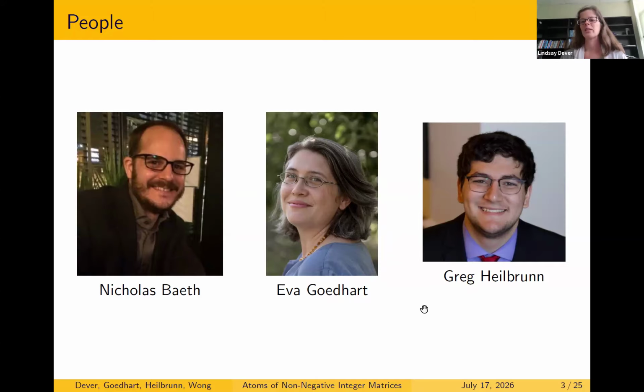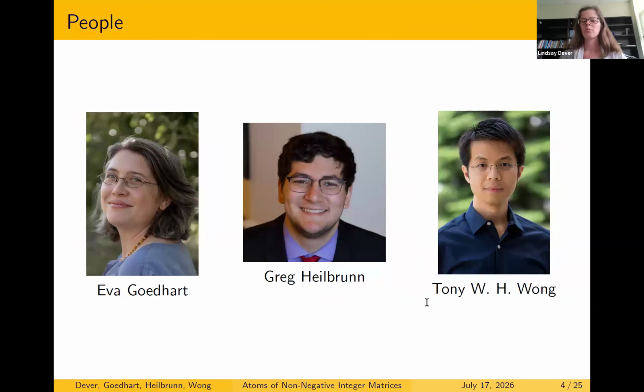And so after Nick passed away, Ava took on Greg as her student and helped him complete his honors thesis. So Greg is now an alumni, but Ava reached out to me a couple of years ago and asked if I would like to join the project and continue working with Greg and Ava. So I'll be presenting on our work. And then we had presented a conjecture at a conference which Tony Wong proved. And so he is now on the paper as well.